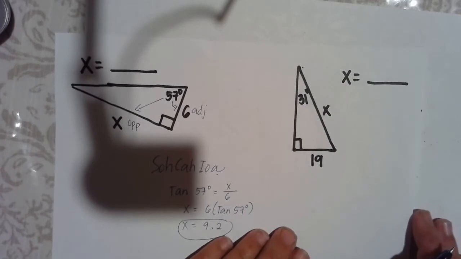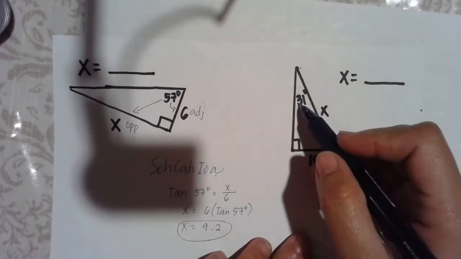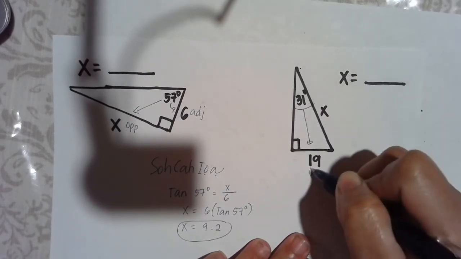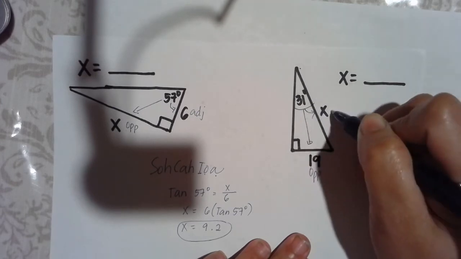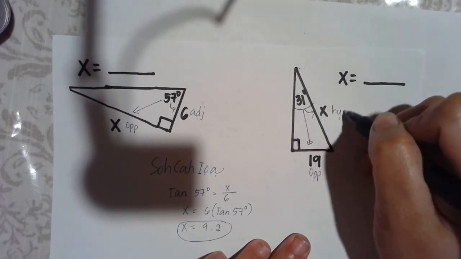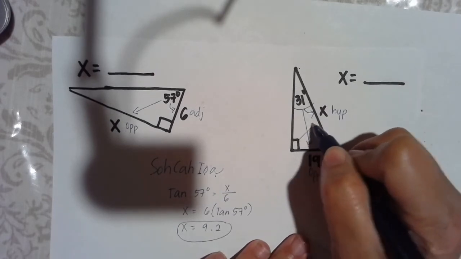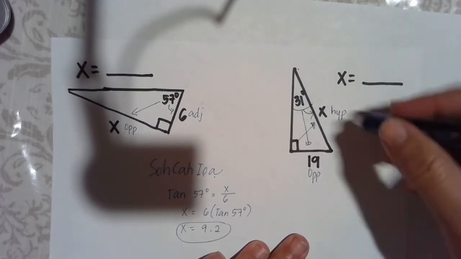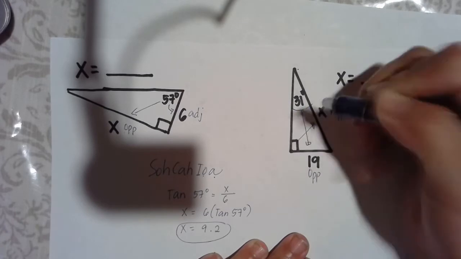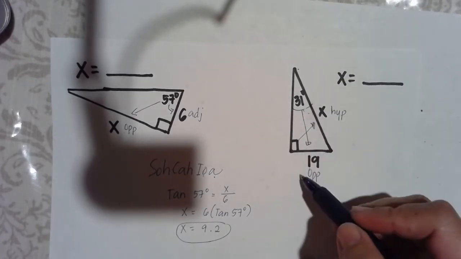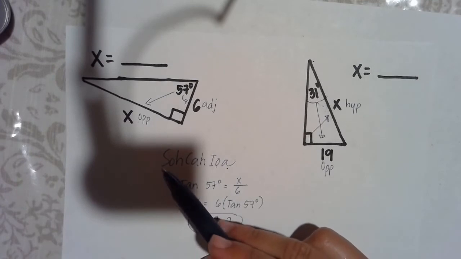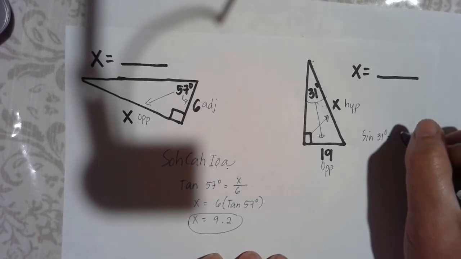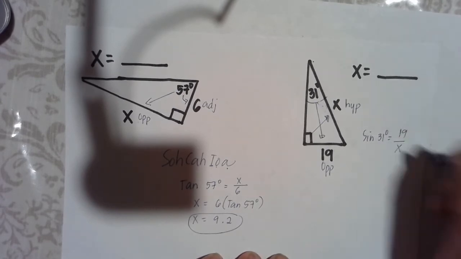For the second one, on the other side, you have 19 and then 31. If this is your reference angle, the one opposite to it would be your opposite side. Oh, the side beside is not the adjacent. It is opposite the 90-degree angle, so this is the hypotenuse, and this is the adjacent. So I was wrong in that part. Therefore, H and O will give you sine. Sine of 31 degrees is equal to the opposite, which is 19, over x.